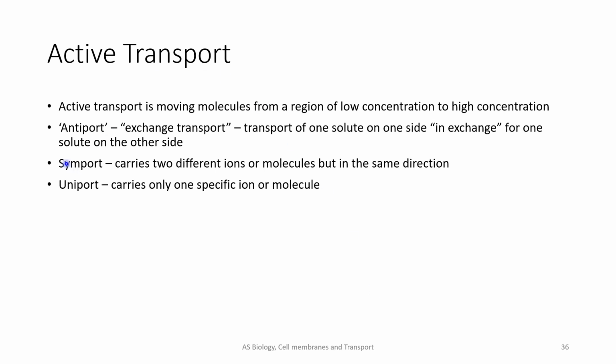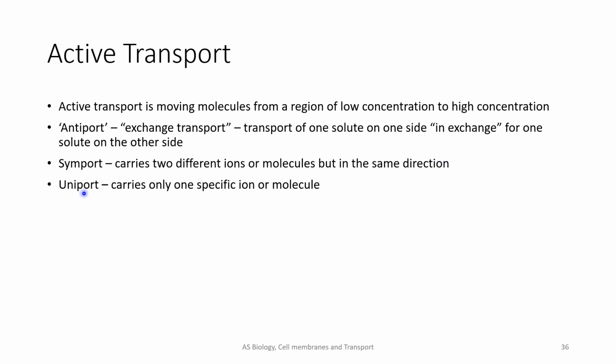So we have an antiport, first of all. This is the exchange port. It transports one molecule from one side in exchange for one on another side, okay? So that's swapping them out. We have a symport, which carries two different ions or molecules in the same direction, two different ones.